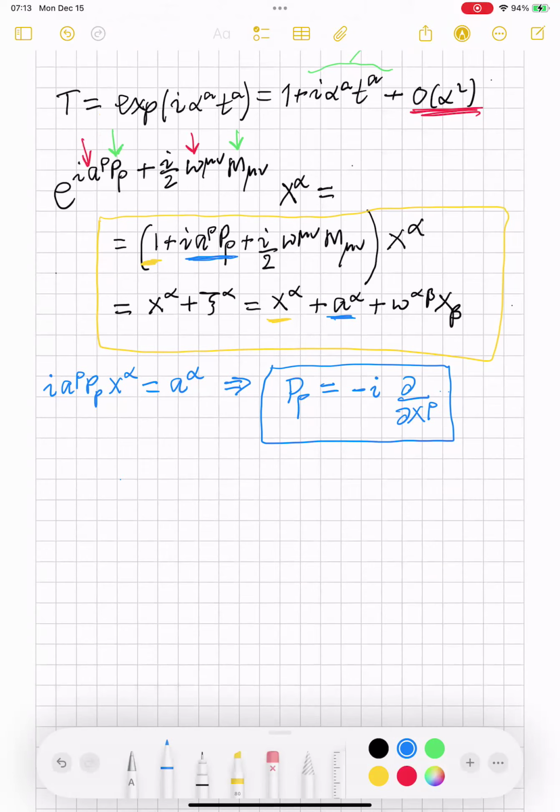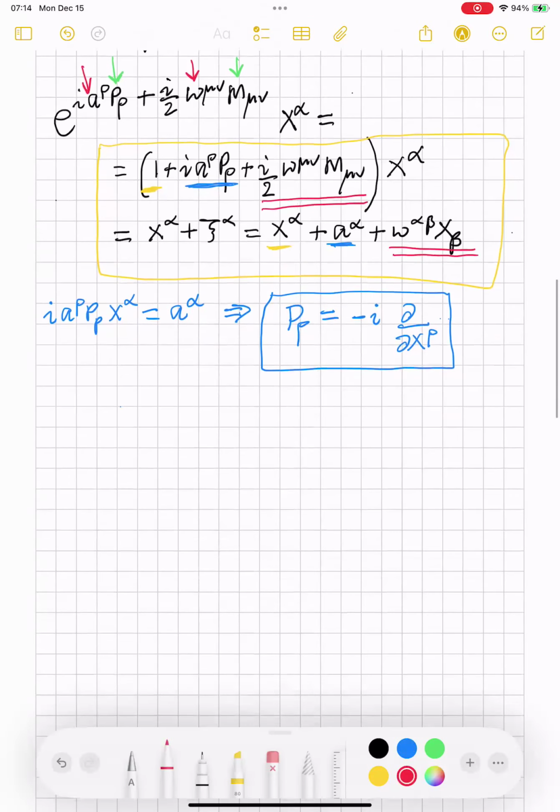Okay, next step. Let's now equate the term linear in omega to this term linear in omega. I'm going to tell you what the answer is. So first of all, let's just equate those.